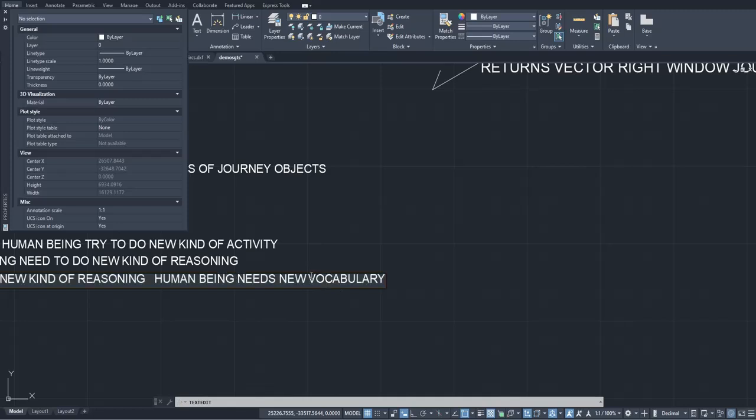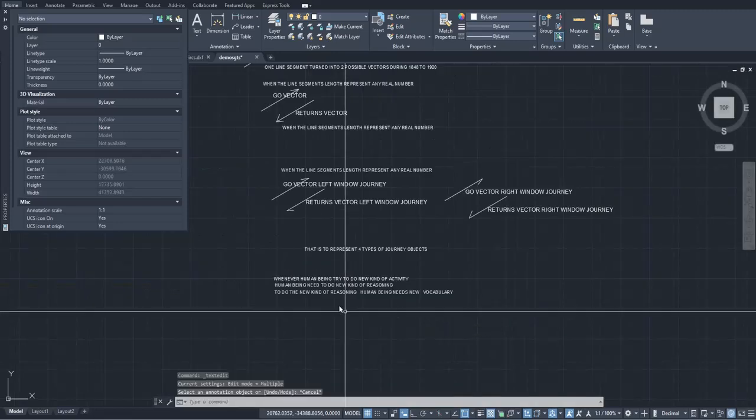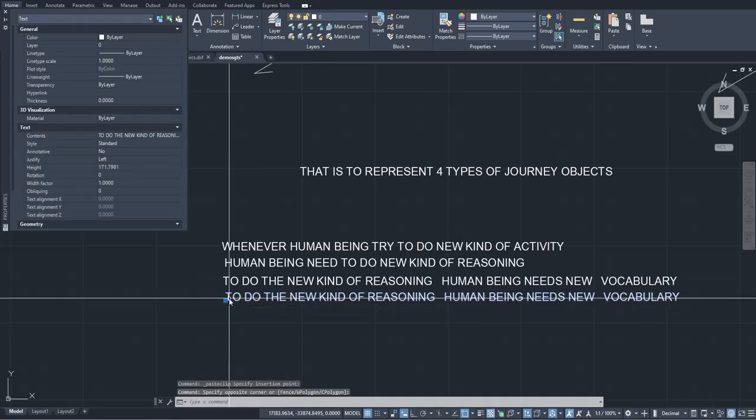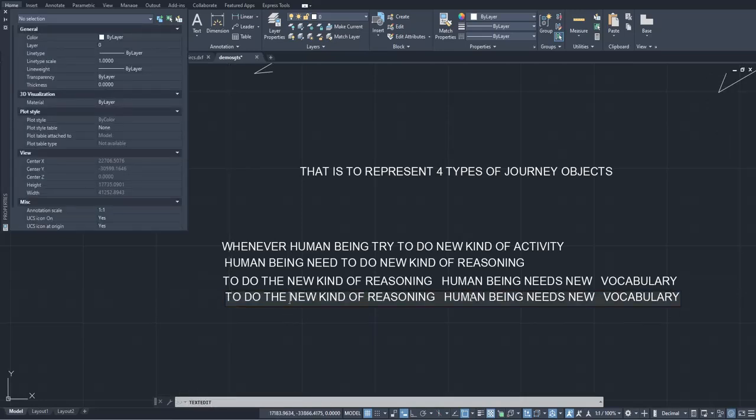If you don't have the new vocabulary, you cannot represent new kinds of symbols. To do new kinds of reasoning, human beings need new tools of symbols.